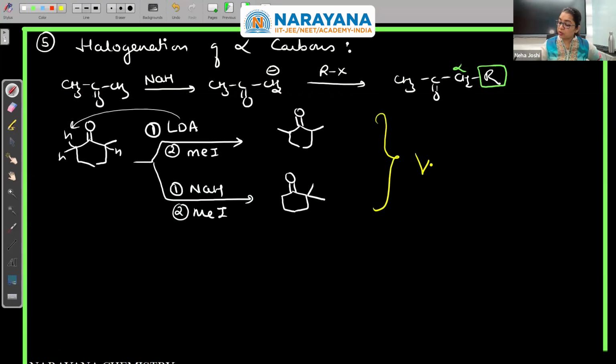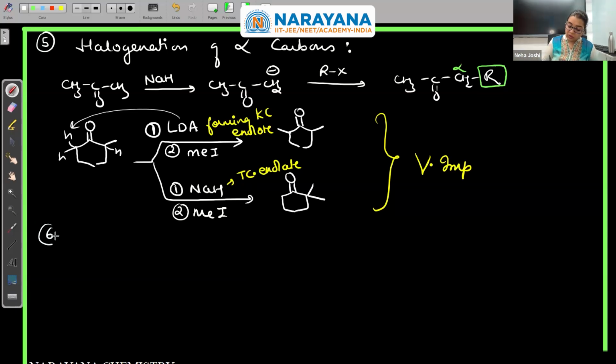Alkylation, this is very important. Okay, this is bulky, so this is forming the KC enolate, kinetically controlled enolate, and this is forming the TC enolate, which is thermodynamically more stable.